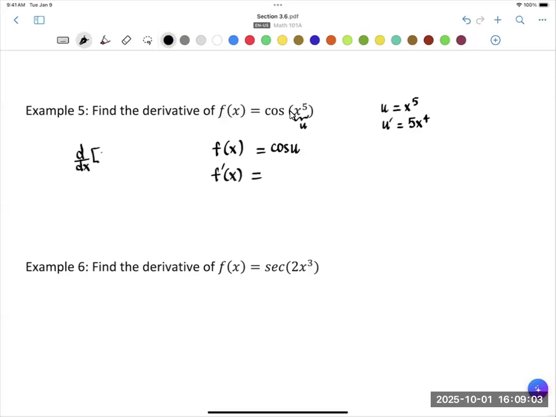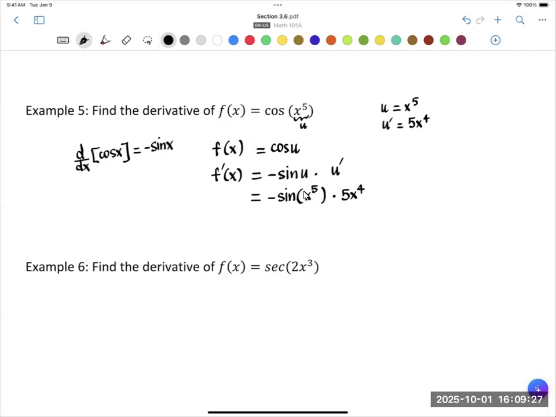The derivative of cosine x is negative sine x. So we're going to have negative sine u, but because this is a chain rule, we're going to multiply by u prime. And now we have negative sine. Everywhere we see u, we replace that with x to the power 5 and u prime by 5x to the power 4.